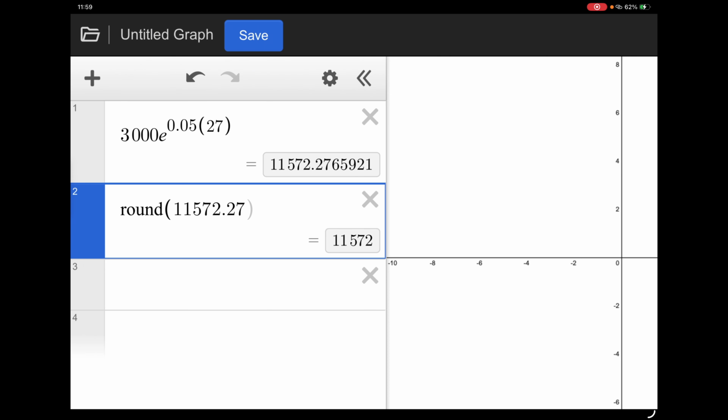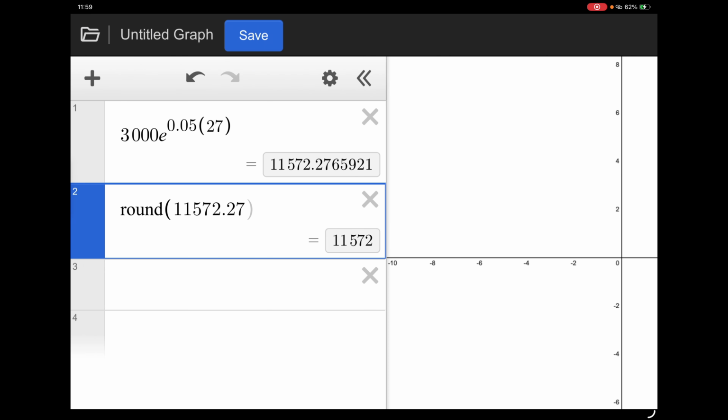And now finally for part D, let's determine the time when the population is going to reach 190,795 people. So that means we're going to use again the model from part B. So this 30,000 e raised to the 0.05 T, because we don't know what T is this time, and find the value of T by setting this model equal to this desired population.